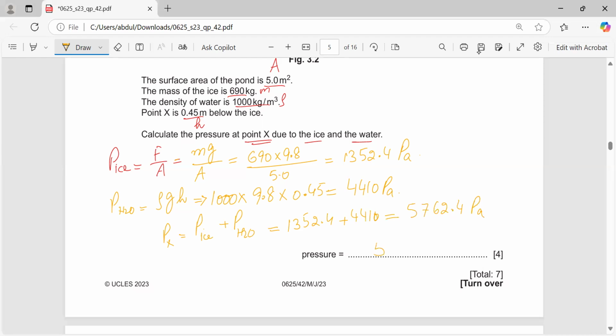But we cannot write this many significant figures, so we can make it 5.7 times 10 raised to power 3 pascals. Even this can be rounded off to 5800 pascals. If you want to round it off to the nearest 100, it can also be written as 5800 pascals.